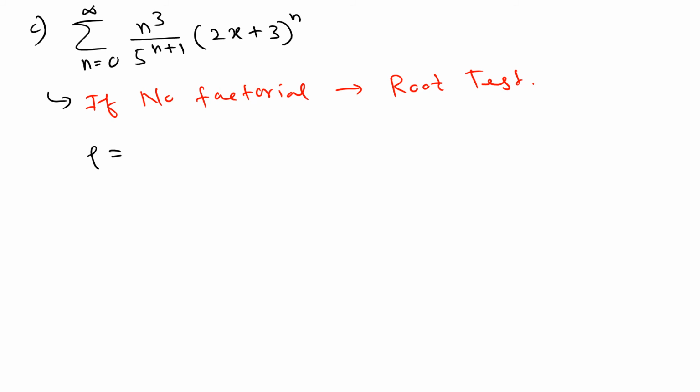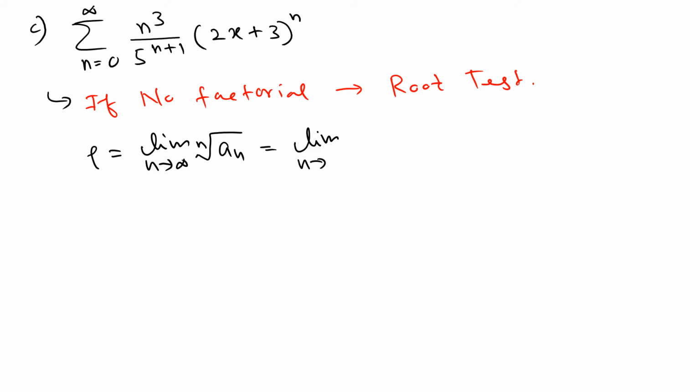So we can calculate rho, which is again the limit as n goes to infinity of the nth root of the nth term. Okay, so let's try to find the nth root of the nth term.